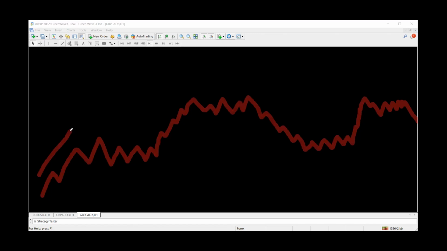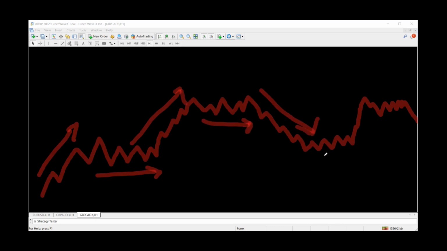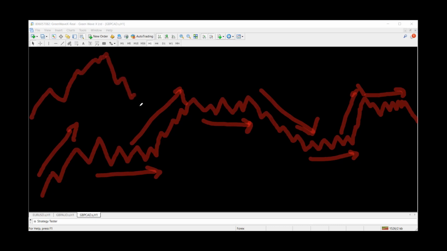We're going to see the price in a trend, in sideways, in a bullish trend, in sideways, in a bearish trend, in sideways, in a bullish trend. So you're going to see that transition from a trending move to a sideways move almost all of the time when you look at your charts. Or you might even see price moving from one trend to another trend like this.